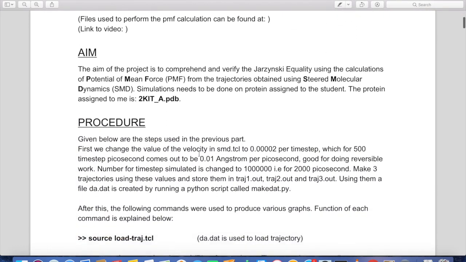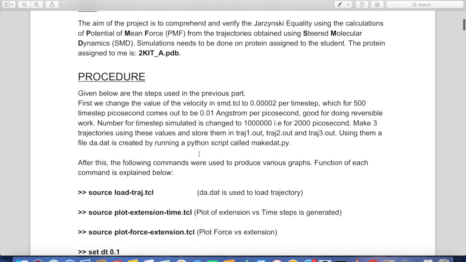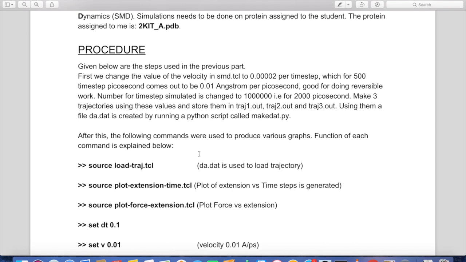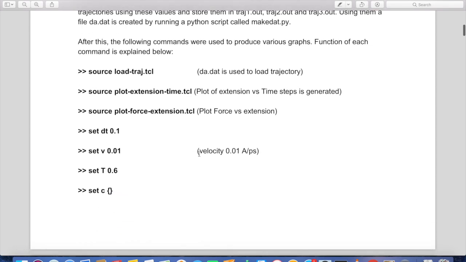Here we consider a very small velocity so that we can see Jarzynski's equality in action and say that work done is nearly equal to the change in free energy at reversible or quasi-static processes. So we increase the time from 200 to 2000 picoseconds so that the terminal atom's Z goes from 13 to 33. Then we plot some graphs.